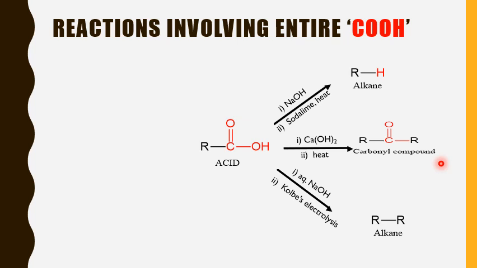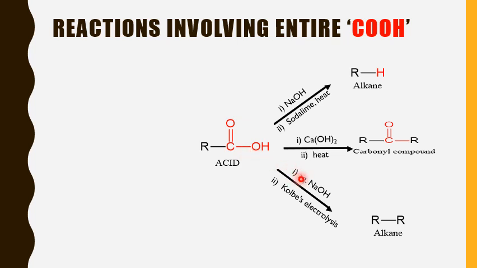And next one is Kolbe electrolysis. This is a famous reaction which you have learnt in the category of preparation of alkanes. So, carboxylic acids upon reaction with aqueous NaOH will give you the sodium salt of carboxylic acid, or I can say sodium carboxylate.